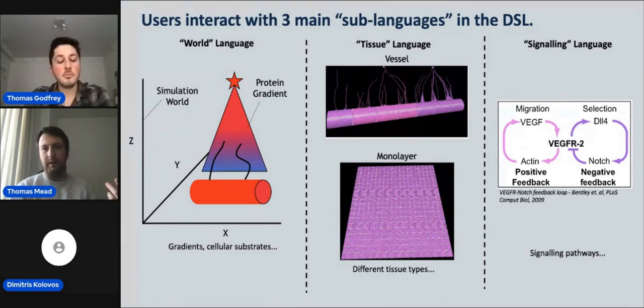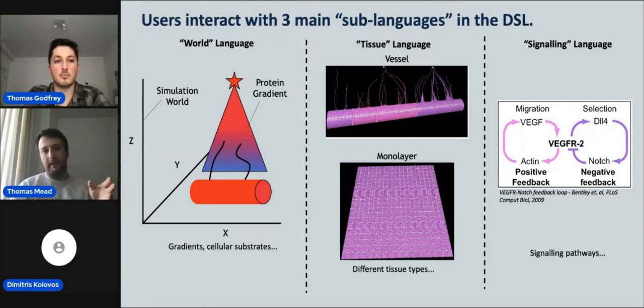And this harkens back to the three concerns that one might have when writing agent-based models. With the world language, you describe the environment that your agents are in. With the tissue language, you can describe what your agents are and where they are. And finally, with a signaling language, you can describe essentially what happens when cells and agents interact.